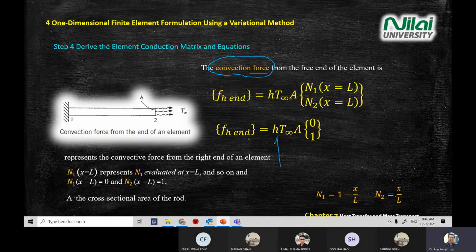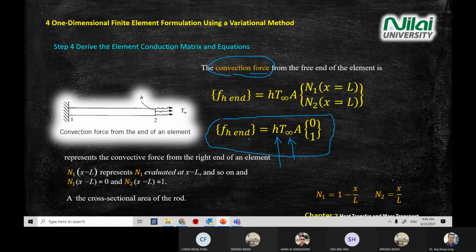Again, how do you differentiate conduction and convection? As long as you see convection, you use H. T infinity is the fluid temperature, times the area and times the matrix 0, 1. So this is fixed already. Basically, if you need to find the convection force, you just use this equation.